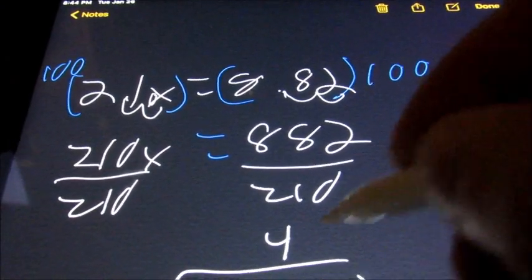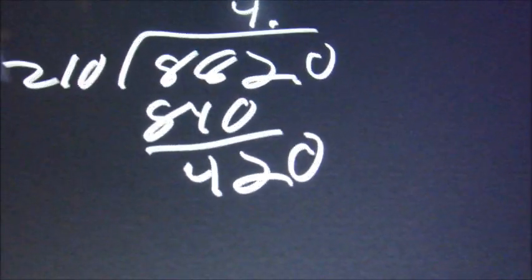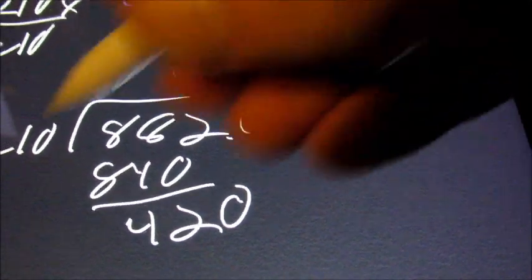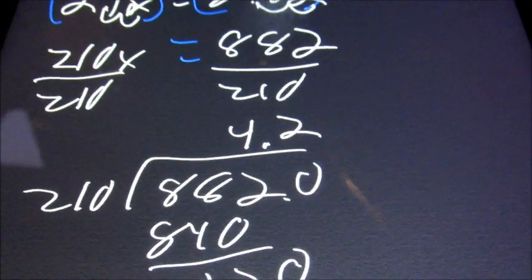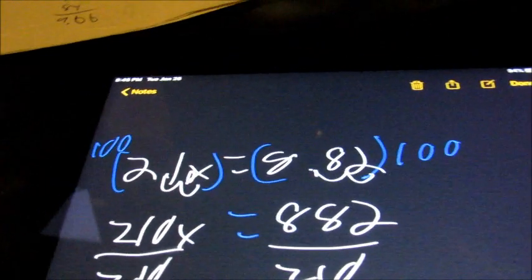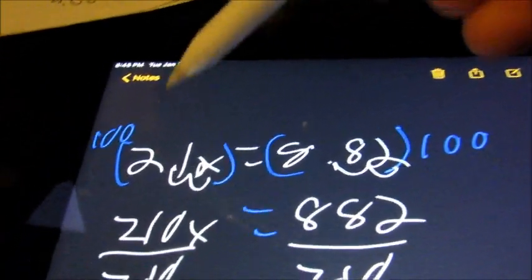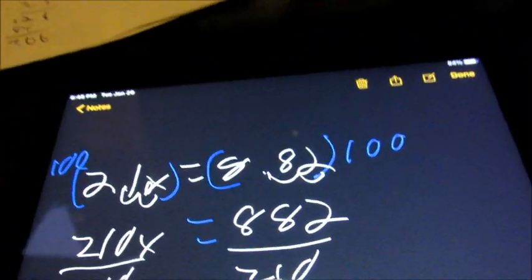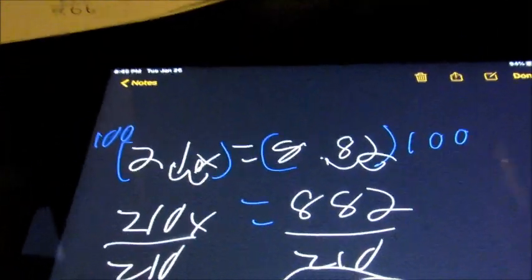So I need to put a 0 and bring down the 0. And 210 will go into 420 2 times. 2 times 210 is 420. So our answer here is 4.2. If you did just 8.82 divided by 2.1, and then did like we did in the previous section, where we moved the decimal over 1 spot and 1 spot, you'll still get the right answer.